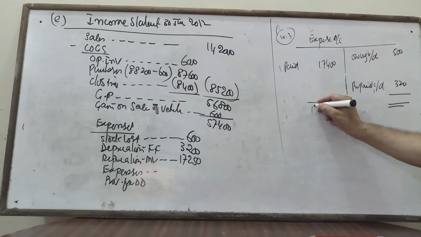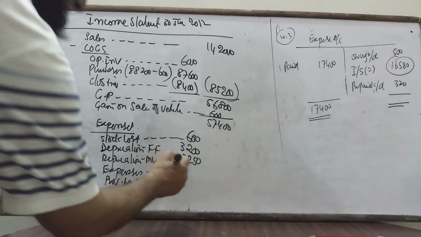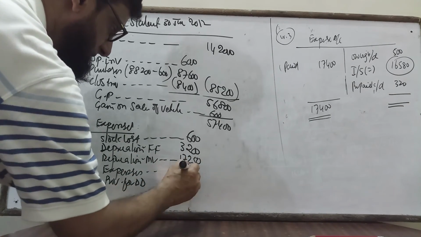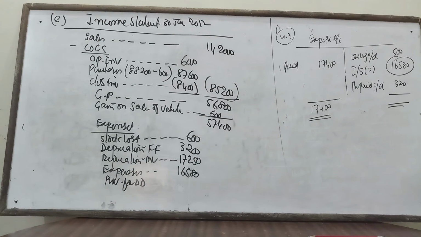You can add this. The difference will be transferred to the income statement, 16,580. This is an expense, 16,580. And the last expense is the doubtful debts.